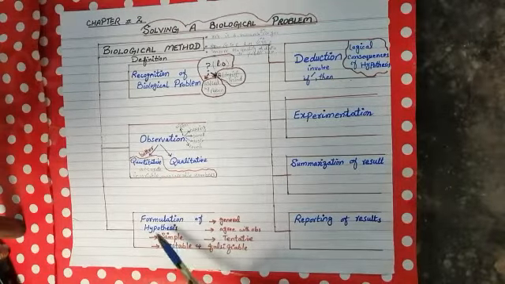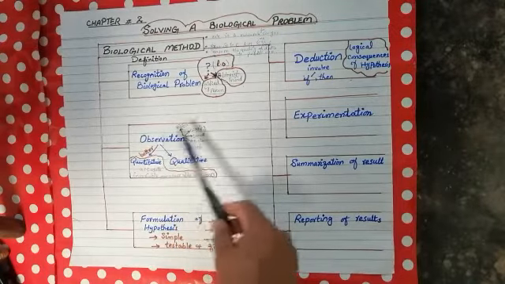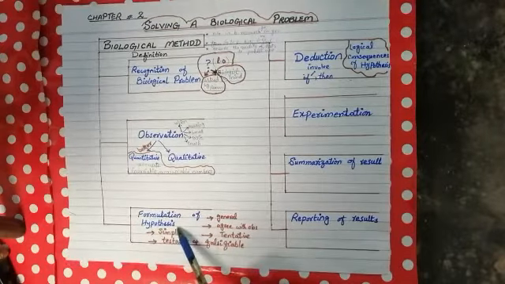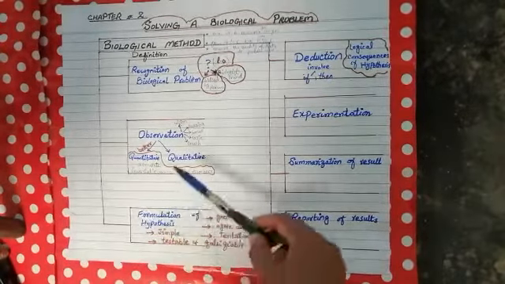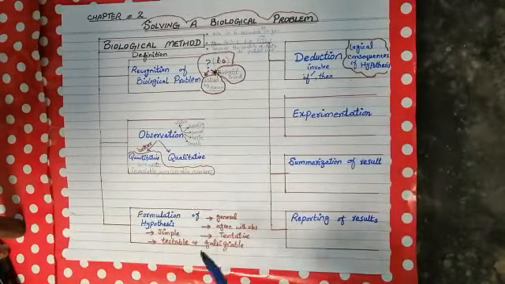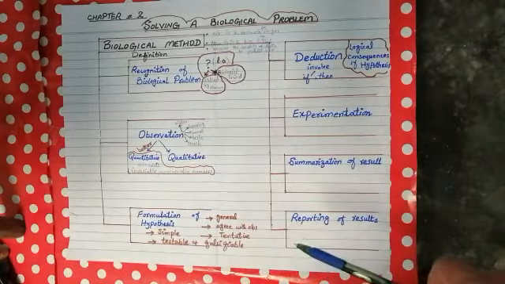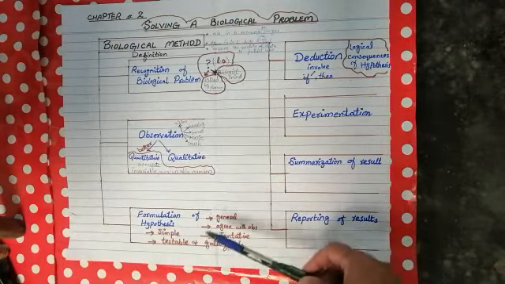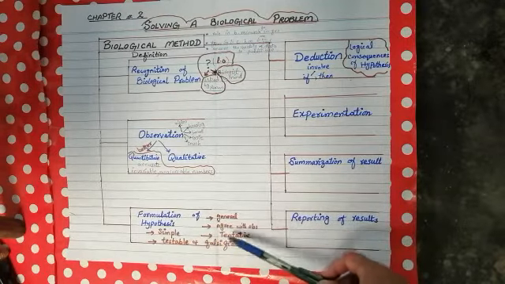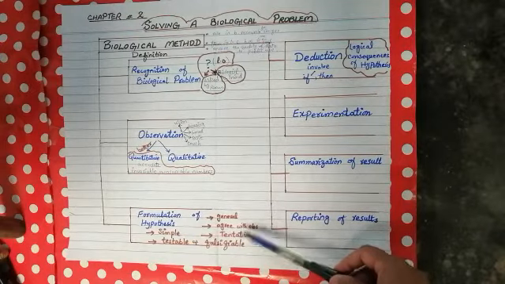That construction of a statement from observations is called hypothesis. Or we can say hypothesis is a tentative explanation of our observations. Our hypothesis should have some characteristics, and these characteristics we will discuss in our next lecture.